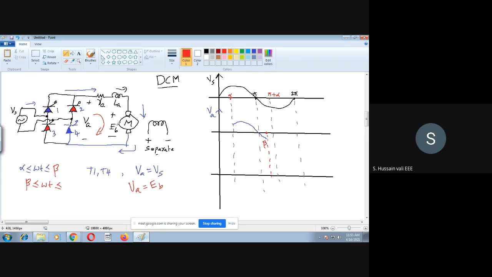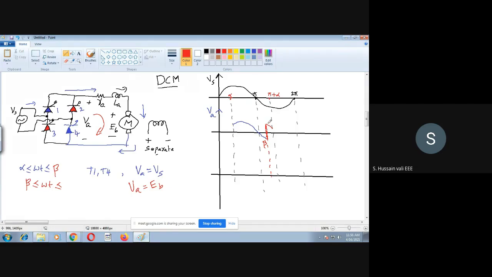So the output voltage is the same as EB. Once again I will draw the EB here. EB is a positive value, so it jumps to the positive axis. Then after that, this voltage decreases. The reason is the same as I gave in the earlier case: EB depends upon the speed of the motor.